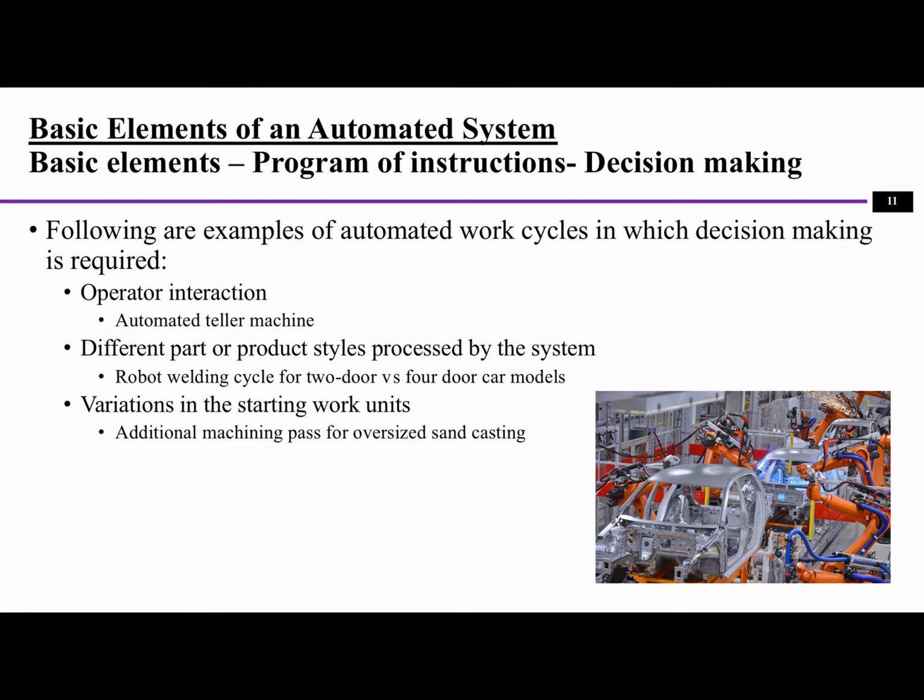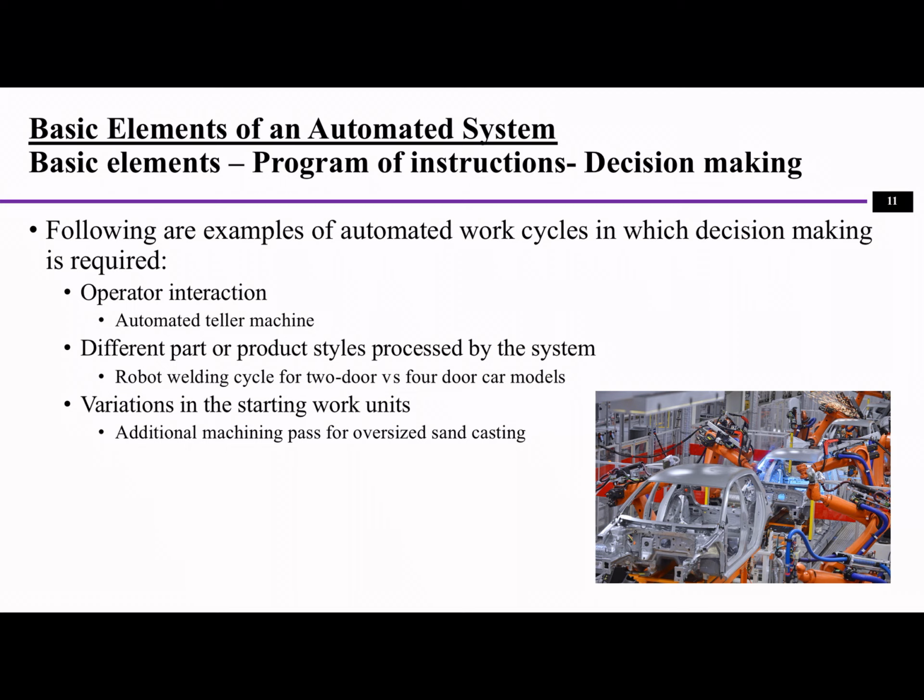Based on the model of the car, whether it is a 2-door car or a 4-door car, the control system will first need to recognize what model it is. Then it will trigger what kind of program instruction to run, because all the settings, all the distances, all the places where the welding position should be, are different for the 2 different models. So that's a decision that the control system can make by itself.